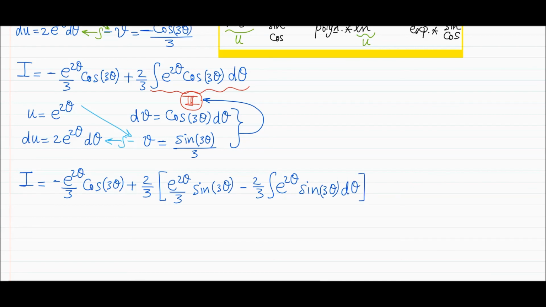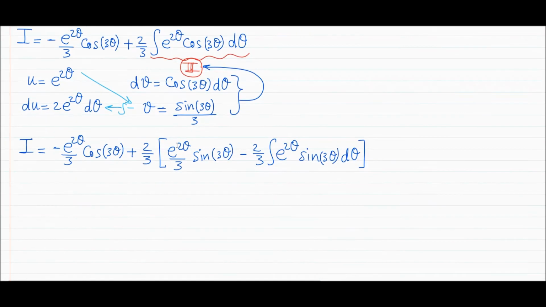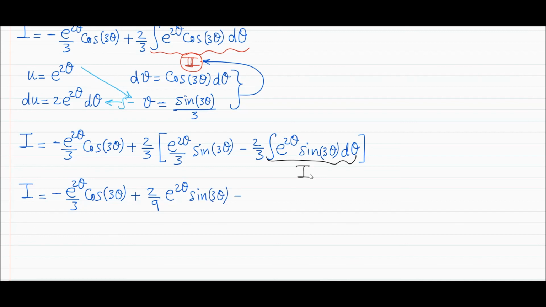And if you remember the problem at the beginning, we called I the integral of e^(2θ) sin 3θ, so we can call it I again. So I equals negative e^(2θ)/3 cos 3θ plus, I will distribute 2/3, so it will be 2/9 e^(2θ) sin 3θ minus 4/9 I.